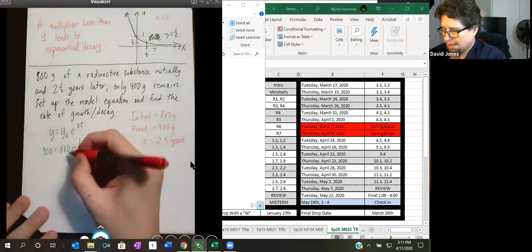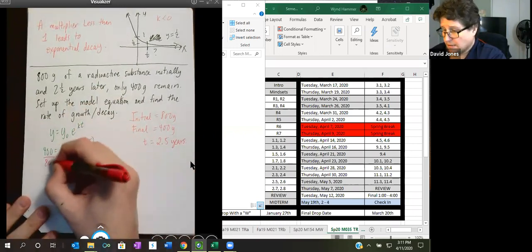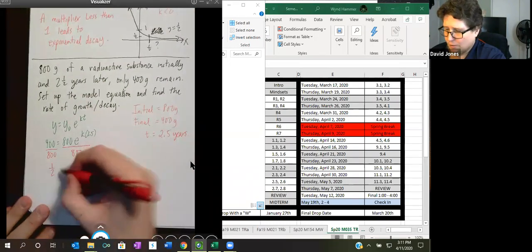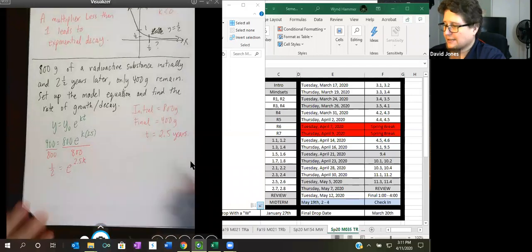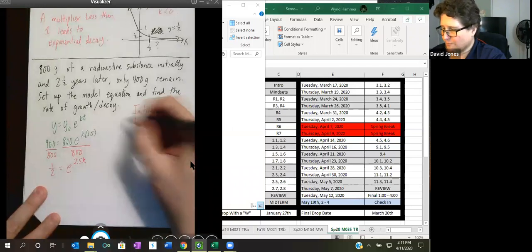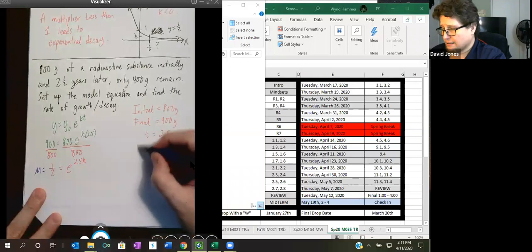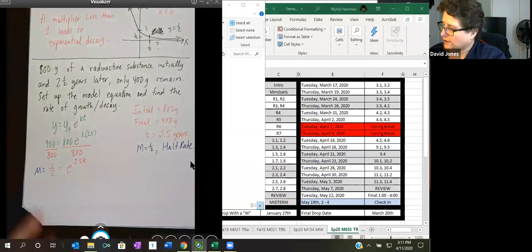We'll divide by 800. And we get 1/2 equals e to 2.5k. When the left side is 1/2, that's our multiplier. We're literally finding the decay rate with a half-life.